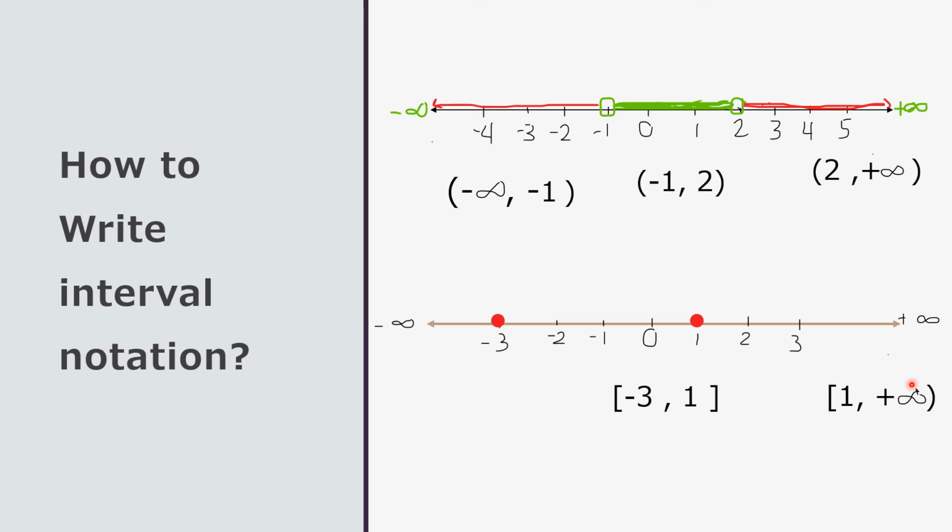So it is continuous, so use parenthesis, sorry. It's always parenthesis. Now here, negative 3, start from here, that is a bracket because it's included, up to negative infinity. Okay, that's how you're going to write the solution set, or use the interval notation.